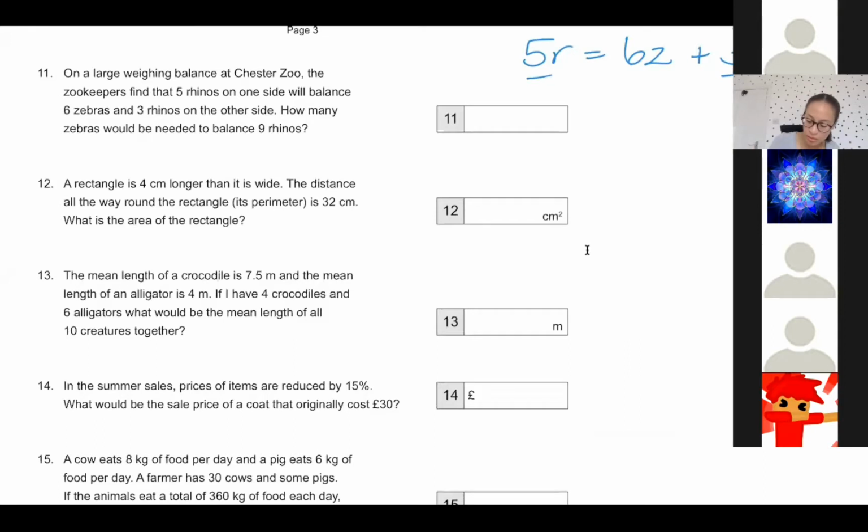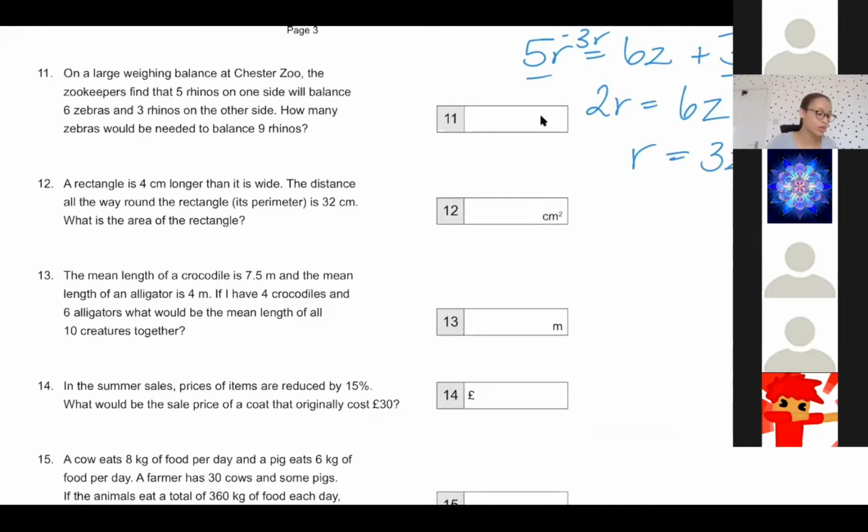So that means you've got 2 rhinos are equal to 6 zebras. So you can do that algebraically by doing minus 3r on both sides. So 2 rhinos equal 6 zebras. So 1 rhino equals 3 zebras.